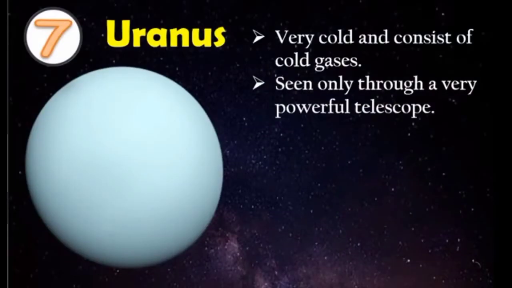Next is Uranus. It is very cold and consists of cold gases. It is seen only through a very powerful telescope. Okay. Uranus is the seventh planet from the Sun. It was the first planet discovered using a telescope.